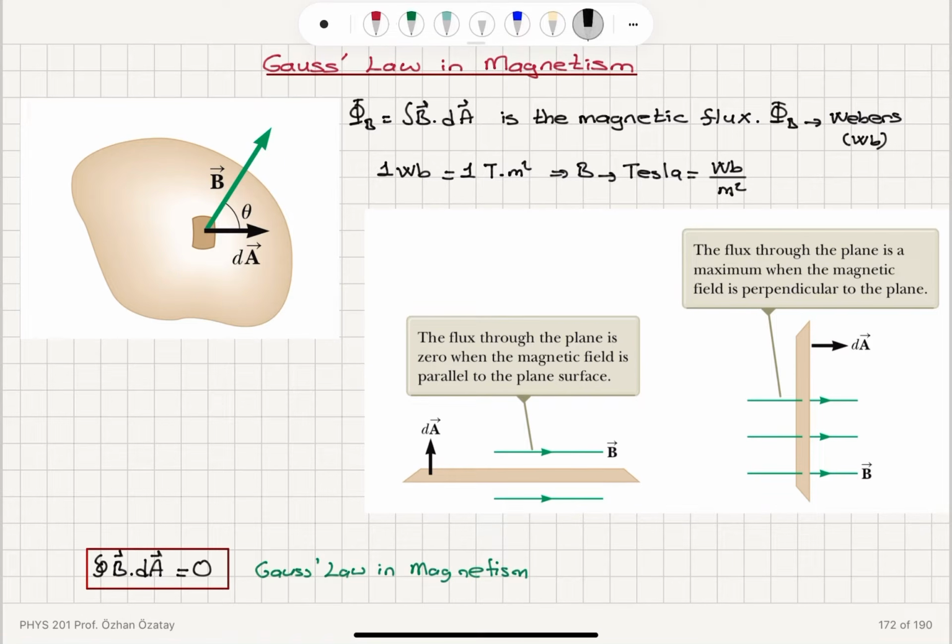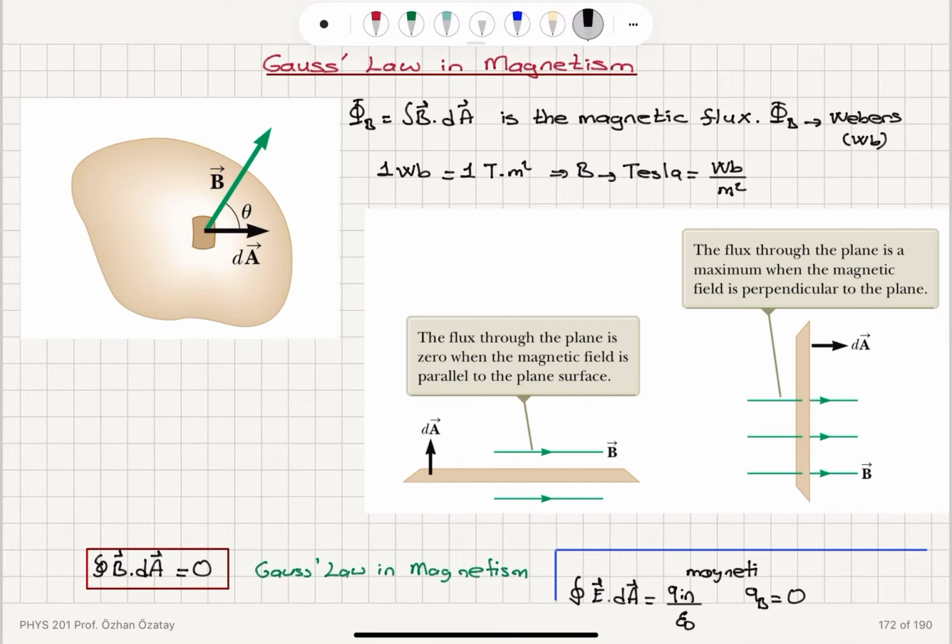Because if you remember Gauss law for electricity, let's remember here Gauss law for electric field, we have integral E dot dA, the electric flux, is equal to the charge enclosed divided by epsilon 0. The magnetic charge is 0 because magnetic monopoles cannot be isolated.